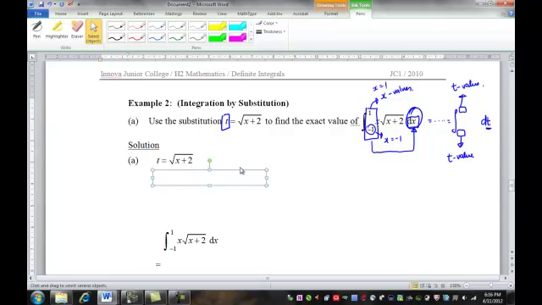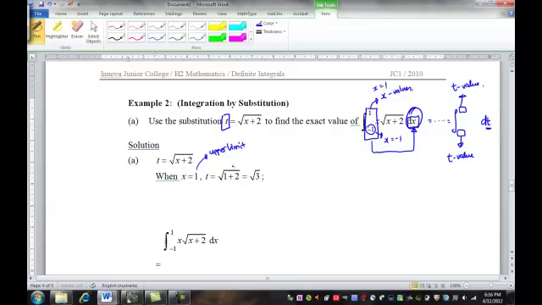How to do? Here. So 1 here refers to the upper limit. Alright, when x equals to 1, which is the upper limit, you substitute x equals to 1 into the substitution, you get t equals to square root 3. So later on, this square root 3 will be the new upper limit.